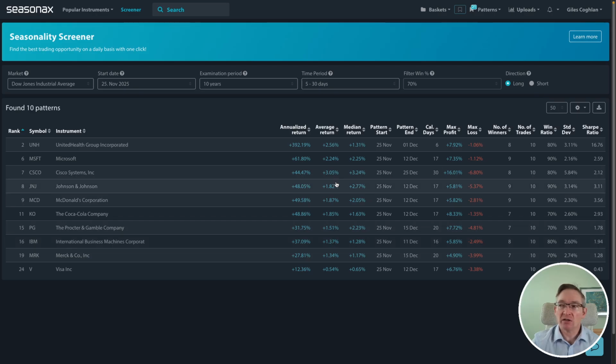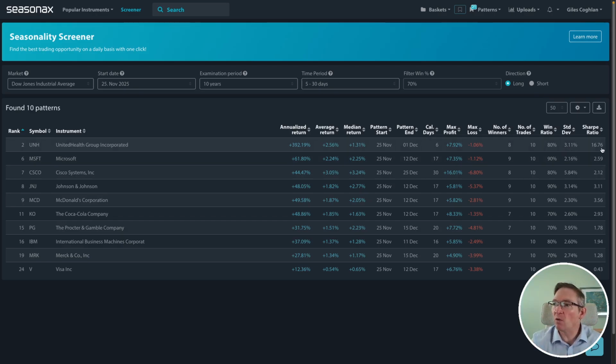Now, the reason this is important is that you might have 2 stocks that have a very similar average return, but one could have a very low standard deviation, in other words, those returns are consistent and reliable, whereas the other stock might have a really high standard deviation. So one year it was plus 14%, the next year it was minus 16%, then it was plus 8%, then it was minus 4%, whereas the other stock was on average plus 3%, plus 5%, plus 4.5%, much more reliable and consistent.